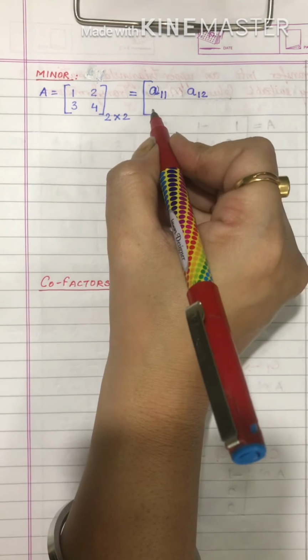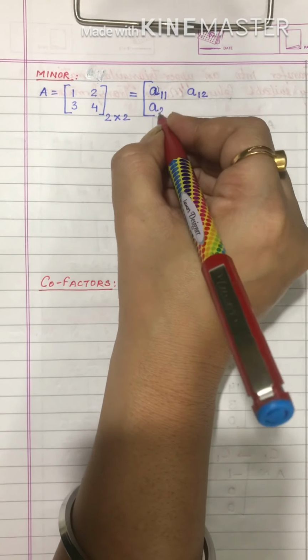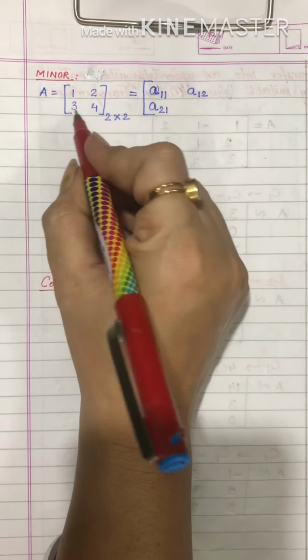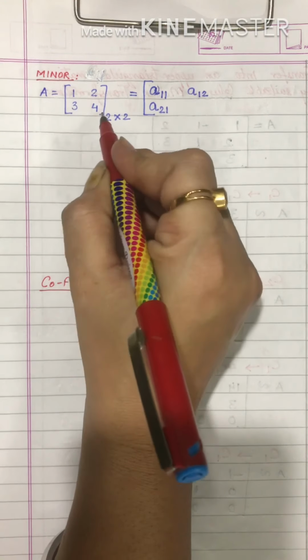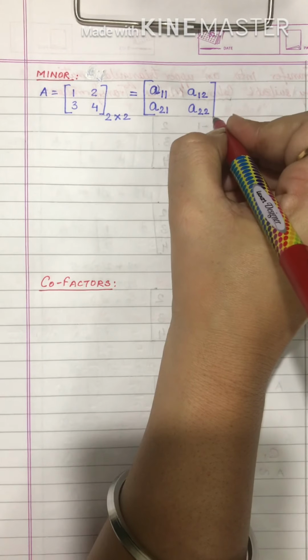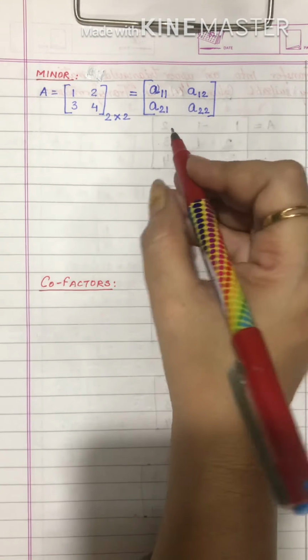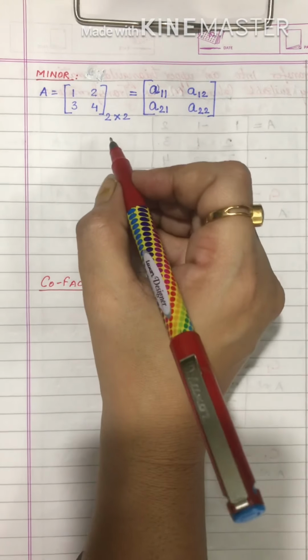So referring to this explanation, 3 would take the position of a21. Second row, first column, and for 4 it will go as a22. This way you can try to know the position of elements, how it can be written in general for a 3 by 3 matrix.